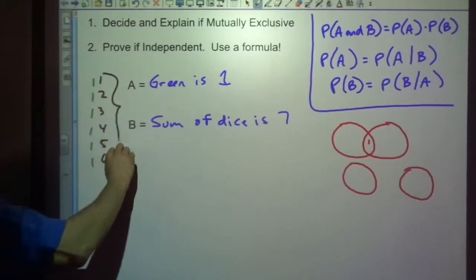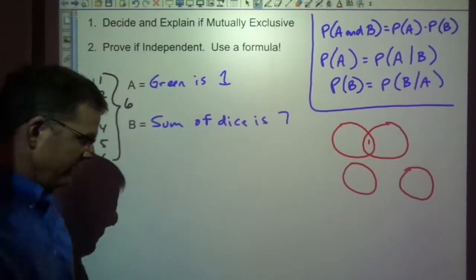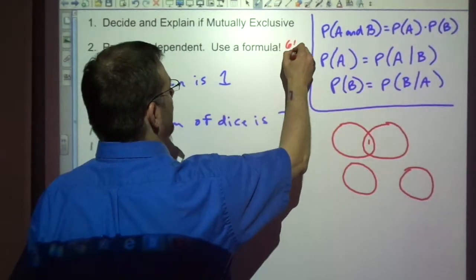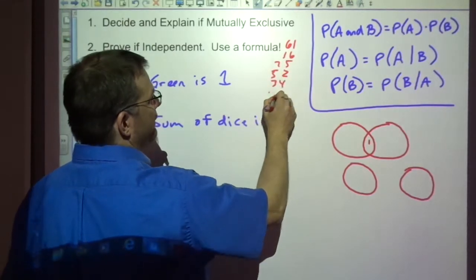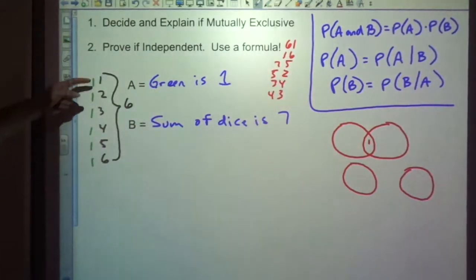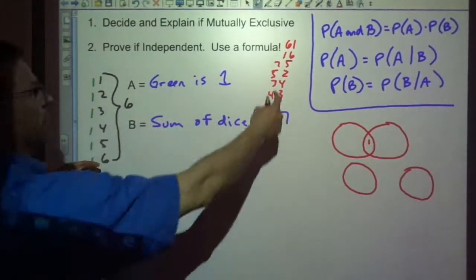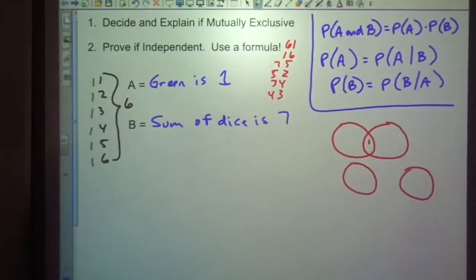And there are 6 of those rolls, right? Do any of these rolls add up to be 7? Let's consider the 7s, right? We have, again, 6, 1, 1, 6, 2, 5, 5, 2, 3, 4, and 4, 3. Are any of these rolls also one of these rolls? Aha, this one right here is the same. So there is an overlap, so they are not mutually exclusive.